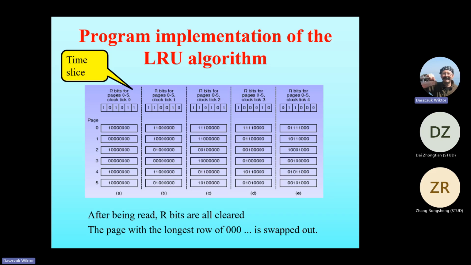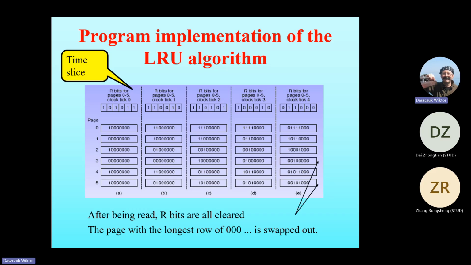So finally, after several real-time clock ticks, we have the history of the R bit. For the least recently used algorithm, we search for the longer sequence of zeros in the beginning.